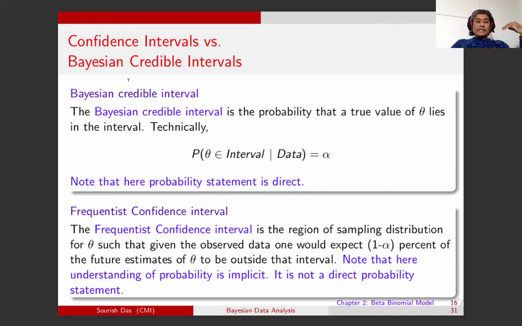Whereas in the Bayesian credible interval, it is a direct probability statement: the probability that the true value belongs to this interval given the data is alpha. The interpretation is very direct and straightforward, whereas in the standard classical confidence interval, the probabilistic understanding is an implicit, indirect statement.